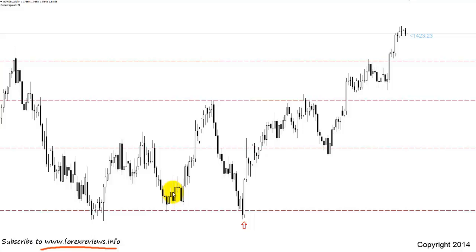Every candle on a Forex chart, any chart, mind you, is telling a story. The engulfing candle is a little bit different though. The engulfing candle is basically saying, look at me, look at me.